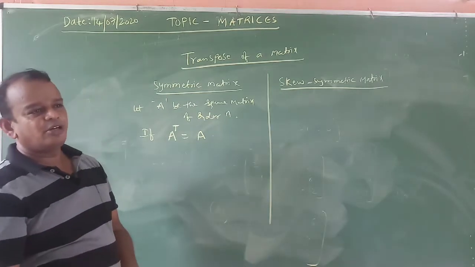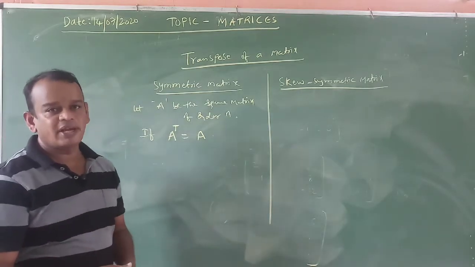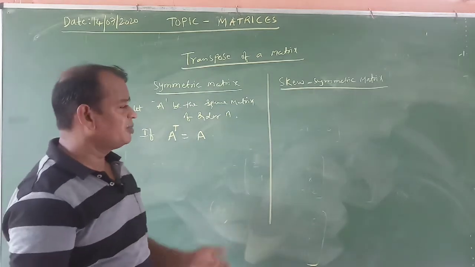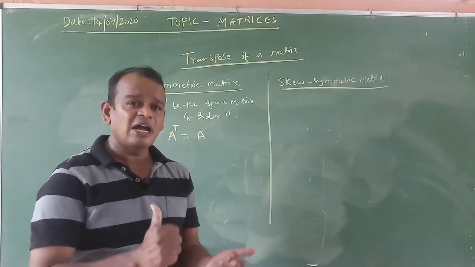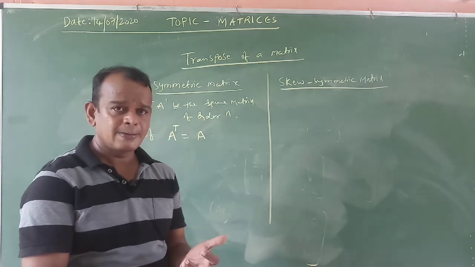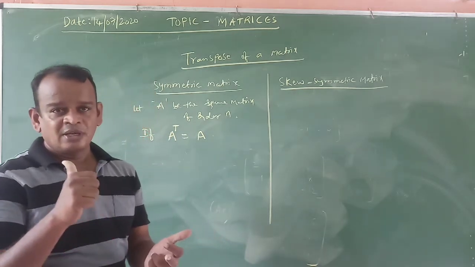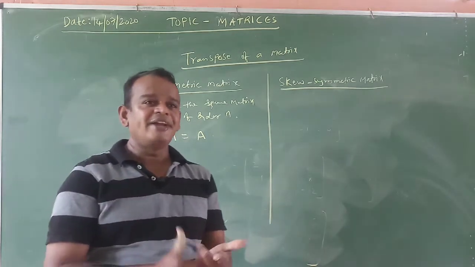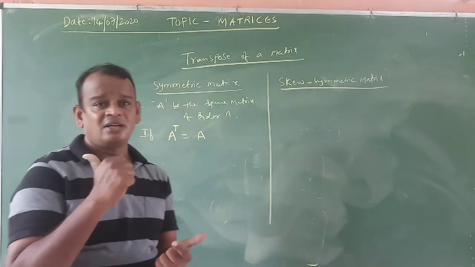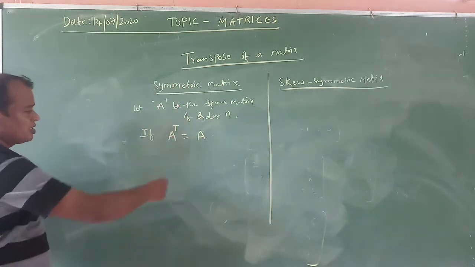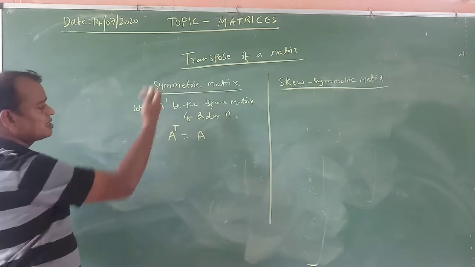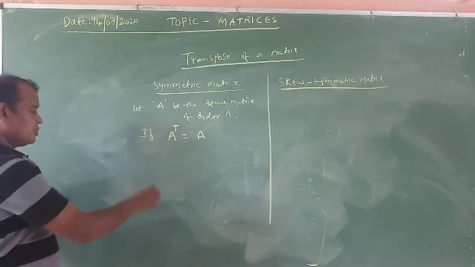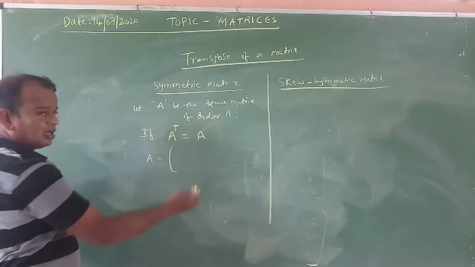From the examination point of view, define the symmetric matrix and give examples. What are the examples of the symmetric matrix? Observe that a diagonal matrix is a symmetric matrix, a scalar matrix is a symmetric matrix, an identity matrix is a symmetric matrix. Suppose you take A transpose equal to A, then the matrix A is called the symmetric matrix. For example, suppose you take the diagonal matrix.